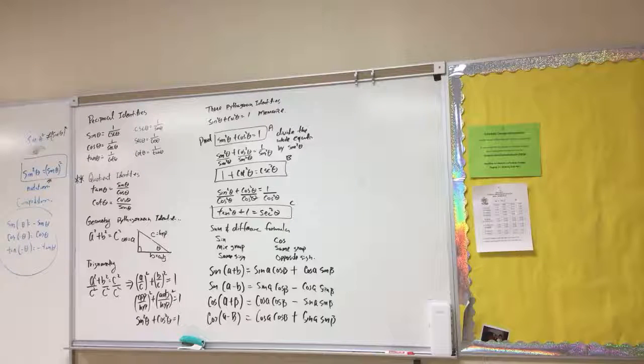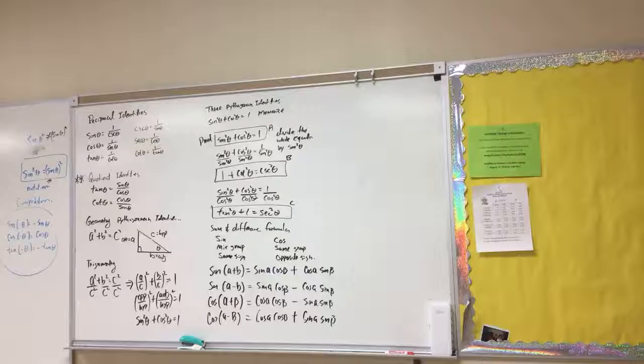Cosine of 2 theta, two angles adding each other, is equal to cosine squared theta minus sine squared theta. It looks like the Pythagorean identity, but it's not. It's reversed, every sign is changed. Then you say, okay, can I use the sum and difference to prove it? Do you want me to slow down? Natasha, you okay? Yeah.